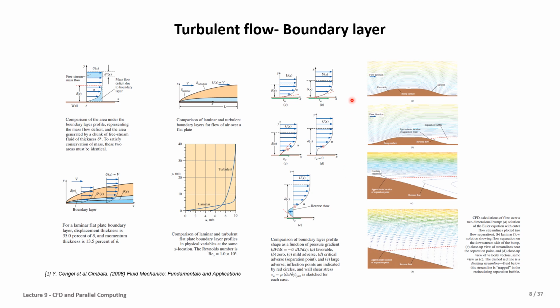Here is the application or understanding of the boundary layer, what's happening when we have laminar flow around this object. It's a symmetric flow, but when it gets turbulent, you will see from this red line there is a separation. The flow is separated from this area.